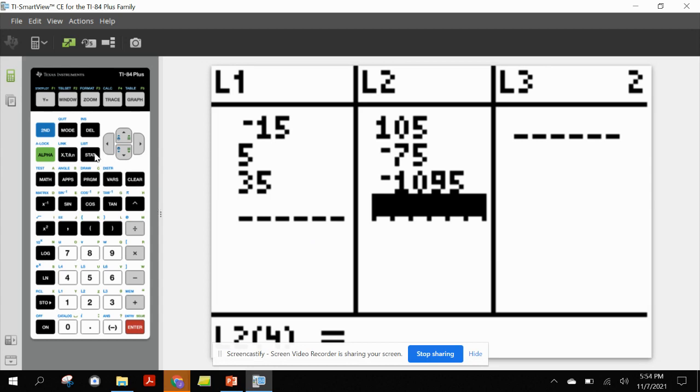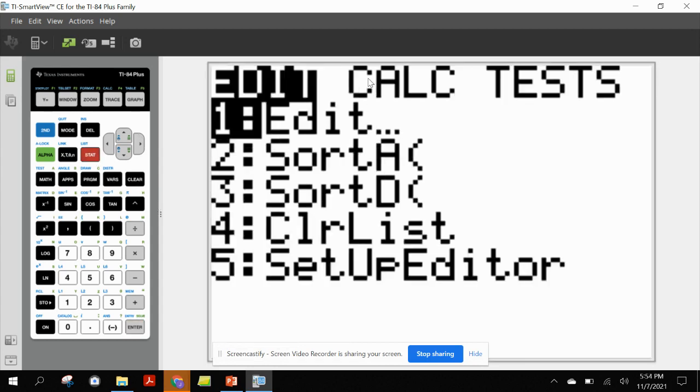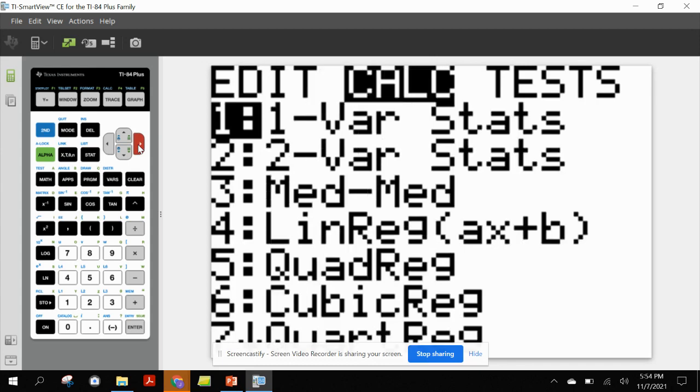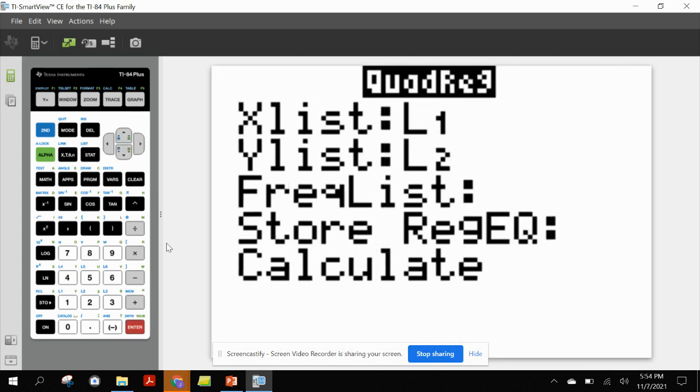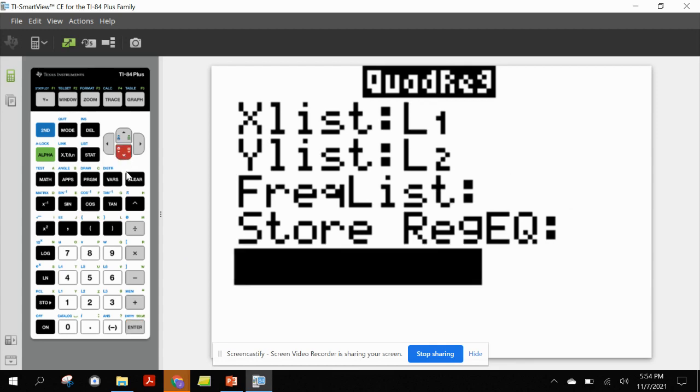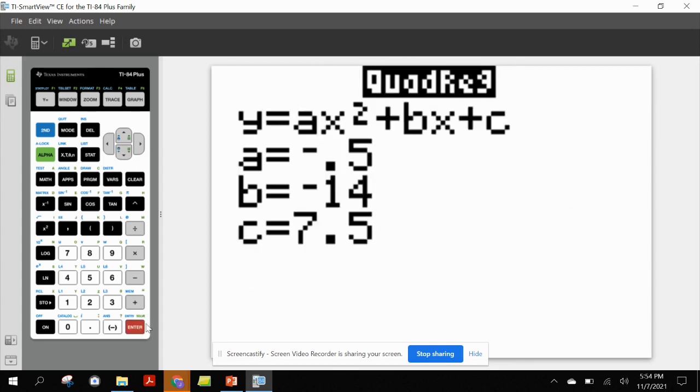And then from here, you're going to want to go to Stat. We want to calculate, so click to the right. And then we want option 5, which is quadratic regression, so you can either click 5 or arrow down, click enter. With the 84 pluses, you're going to have to go all the way down to calculate. Press enter again.